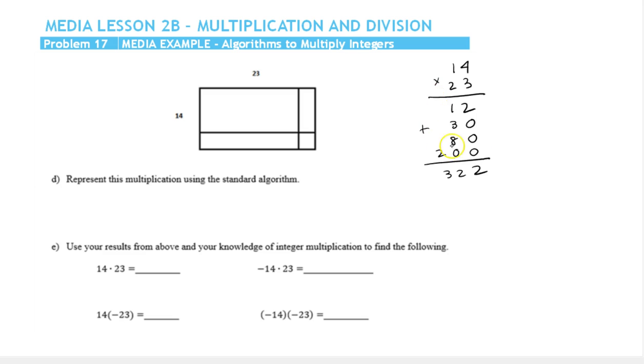So I've copied the extended algorithm right up here, so we have this handy, and now let's use our standard algorithm and see how it connects to this extended algorithm. So we have 14 times 23. Now, you start in the ones place. 3 times 4 is 12, and that's 12 ones, which is 2 ones and 1 rod.